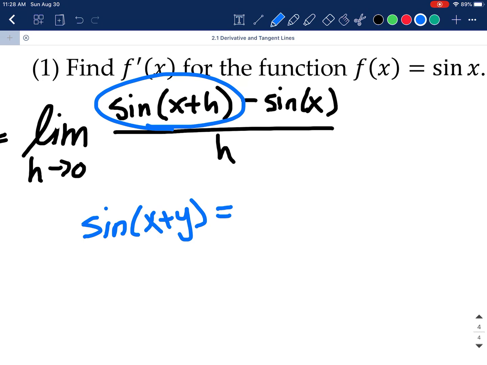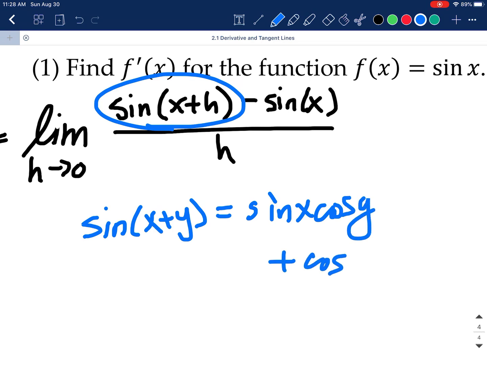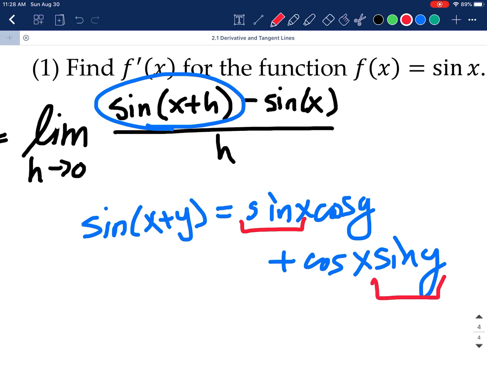So sine of two numbers added together, the angle sum, is going to be the same as the product sine x cosine y plus cosine x sine y. And we typically write the sine on the outside, so that is the bread, top and bottom pieces of bread of our sine-wich.